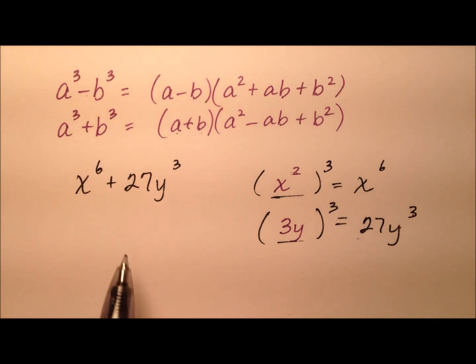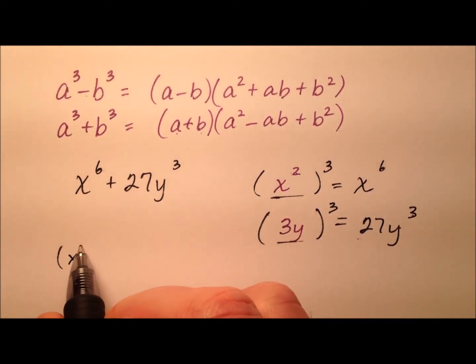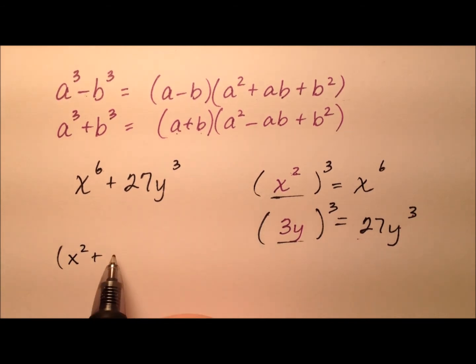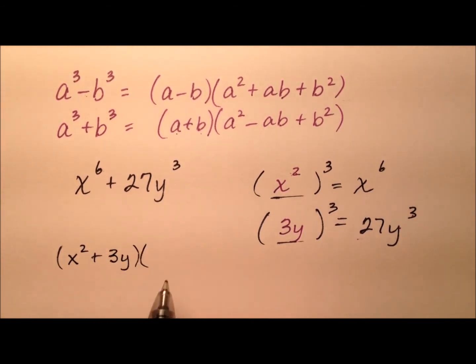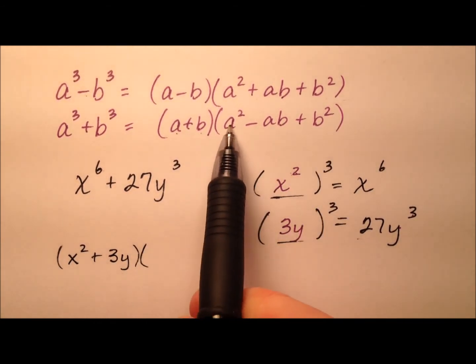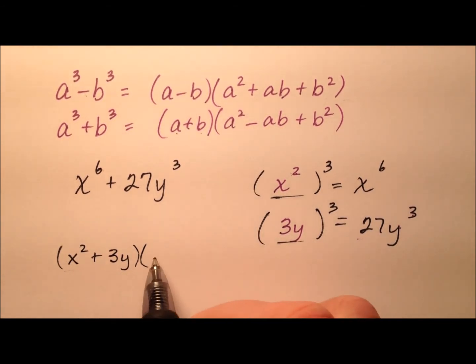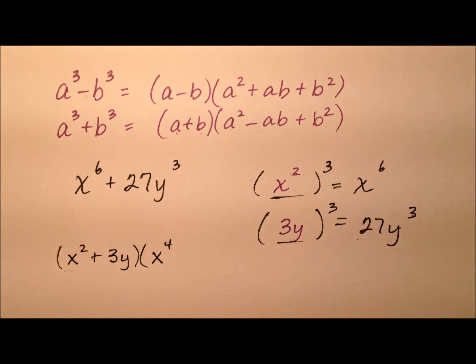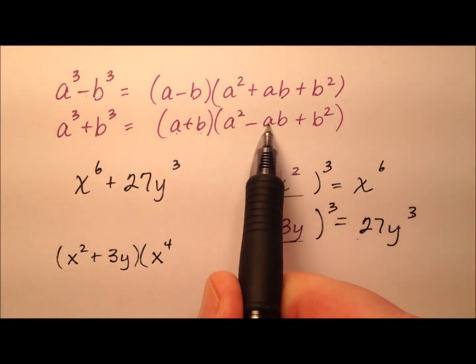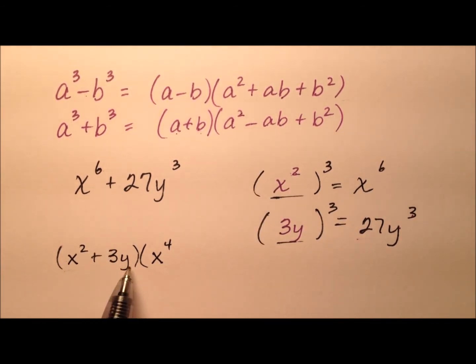So the sum of two perfect cubes will look like the a, which is x squared, plus b, which is 3y. Okay, and then we have the rest of this. So a squared. So we're going to square this first one. So x squared squared will be x to the fourth, minus ab, so minus the product of these two.